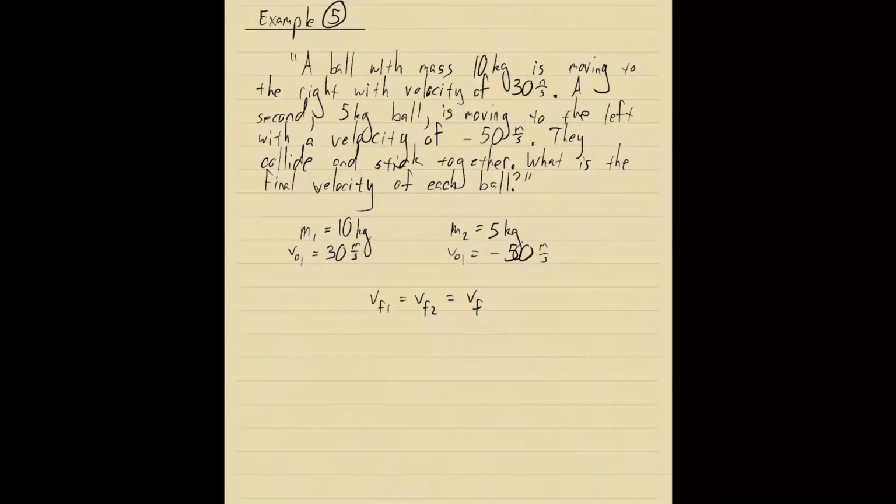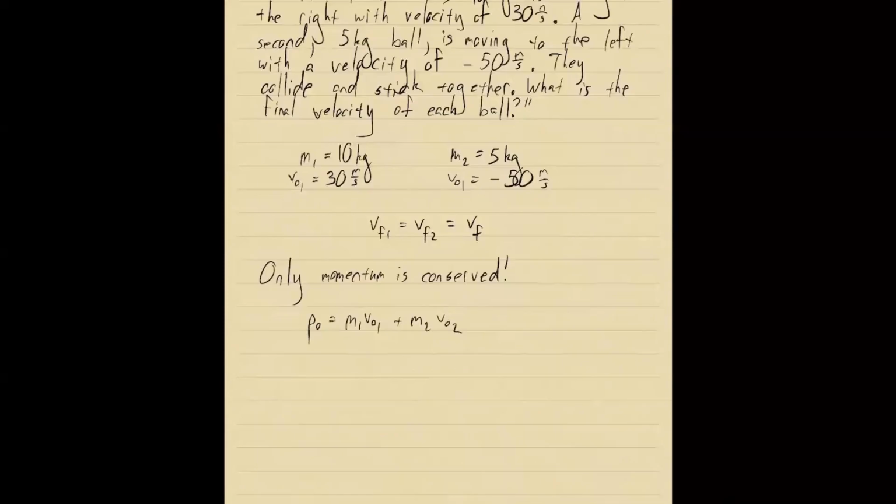To begin with, we know that only the momentum is conserved here. Our initial momentum is the mass of the first ball times its initial velocity plus the mass of the second ball times its initial velocity.